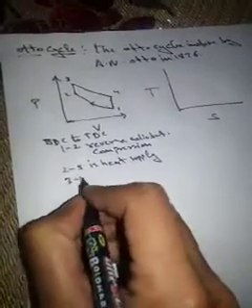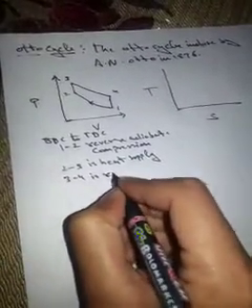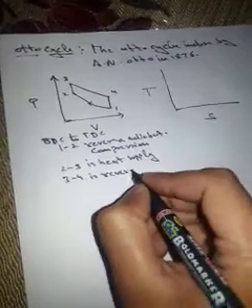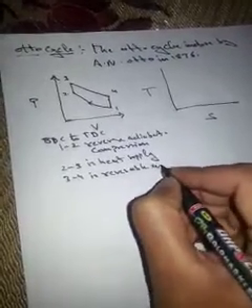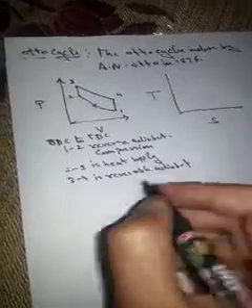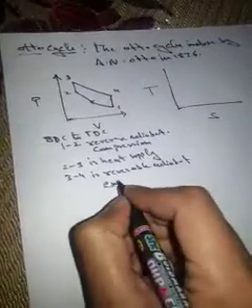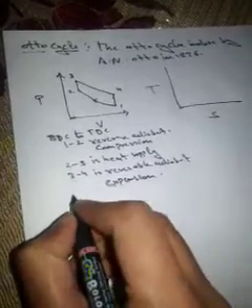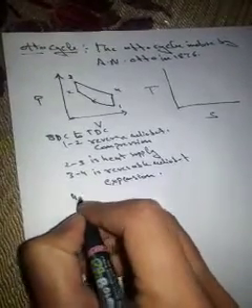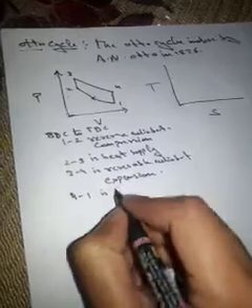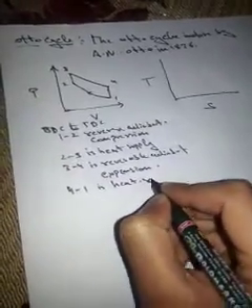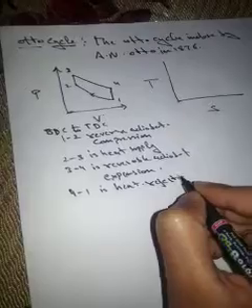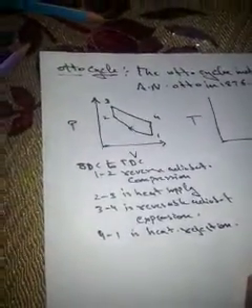Process 3 to 4 is reversible adiabatic expansion. And process 4 to 1 is heat rejection. So it is the PV diagram for the Otto cycle.